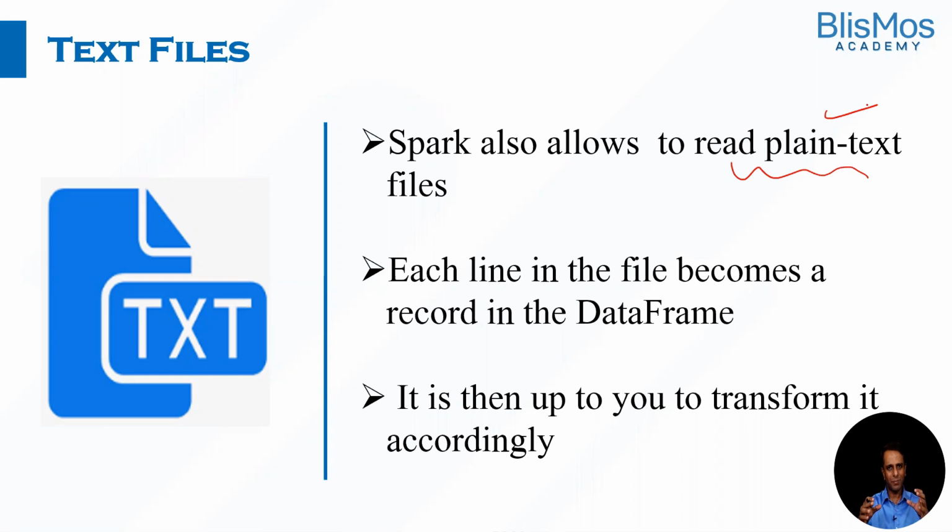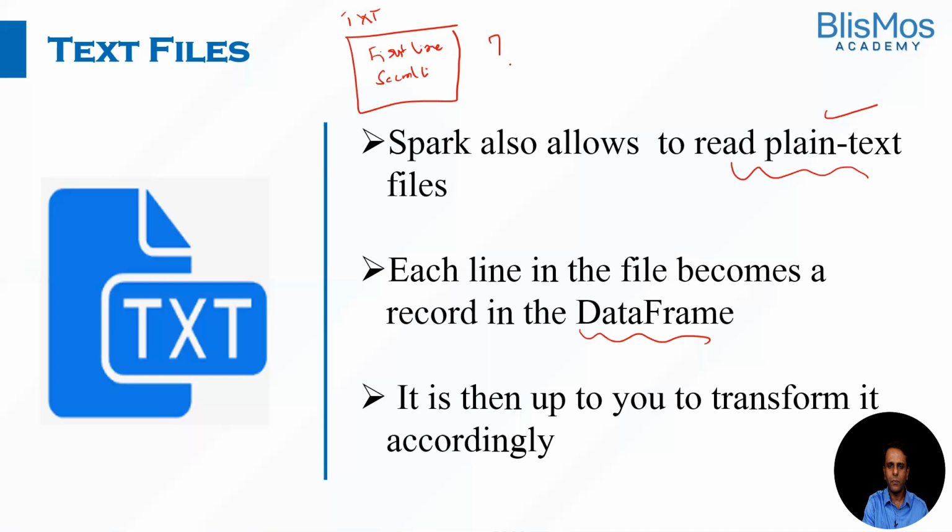When you have a plain text file, each line in the text file becomes a record in the data frame. For example, you have a text file and this is the first line.